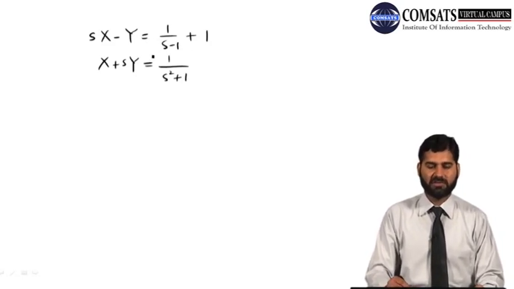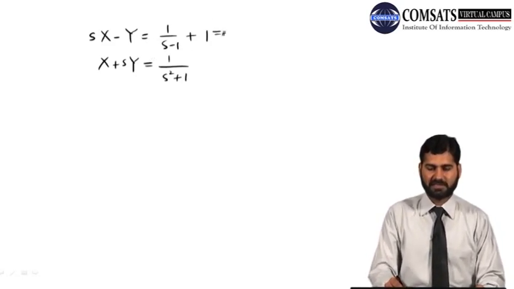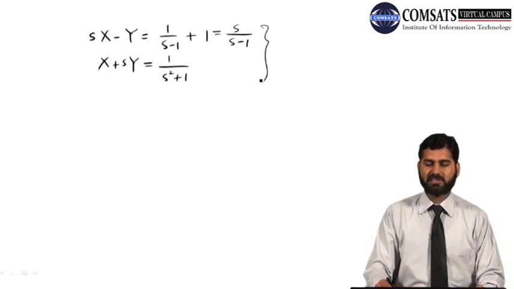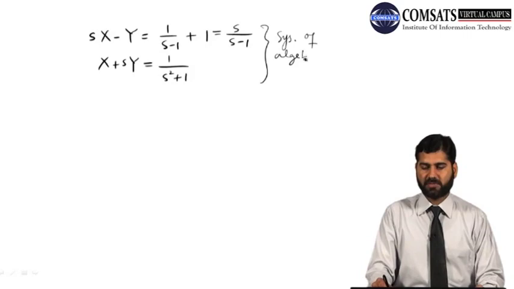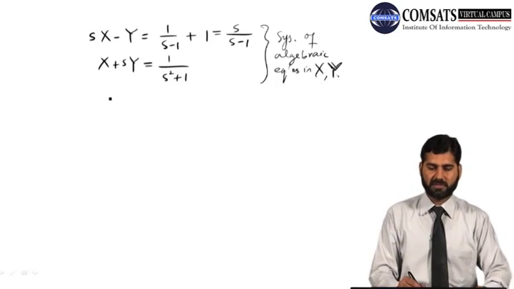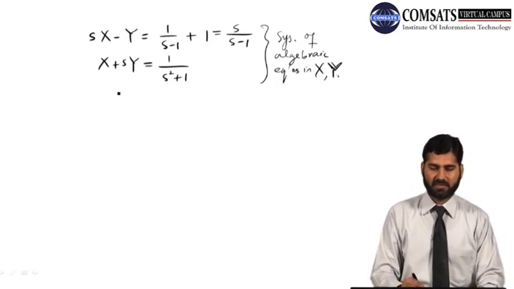There is no derivative involved. This is 1 plus 1 over s minus 1, so this is s over s minus 1. So this is a system of algebraic equations now, in capital X and Y. This has become the system of algebraic equations in capital X and Y.